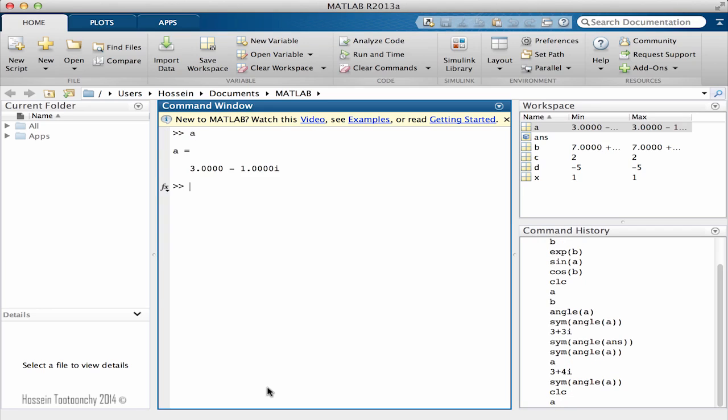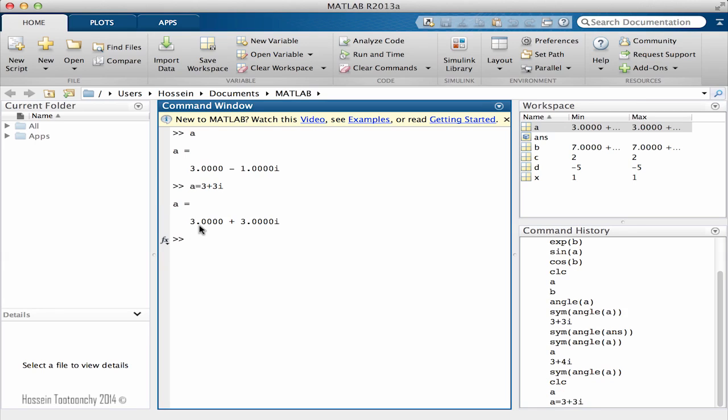So this was a, okay? Now let me define a as 3 plus 3i, okay? So it used to be -1, but now I try to change that deliberately to 3i, and I'm going to explain why. So if I do that, now it is the new variable.